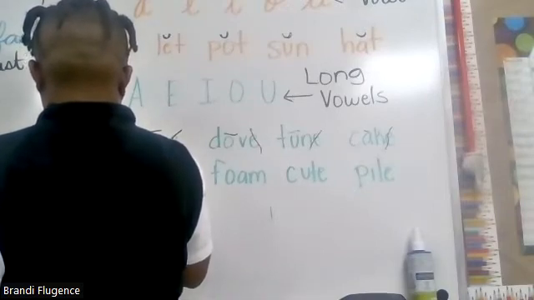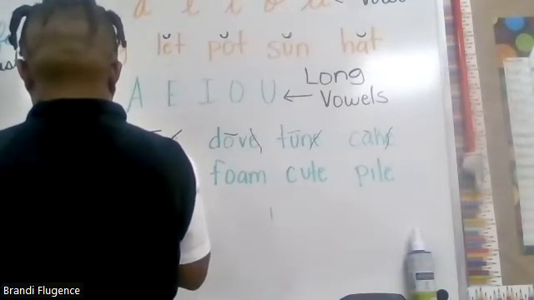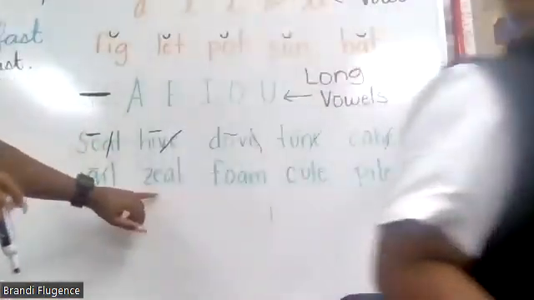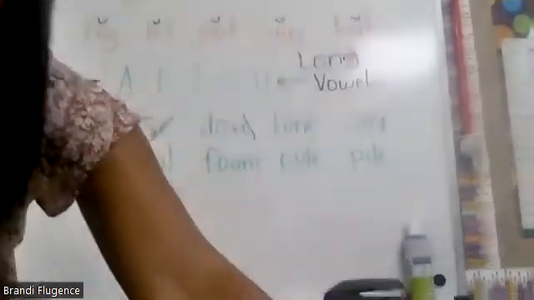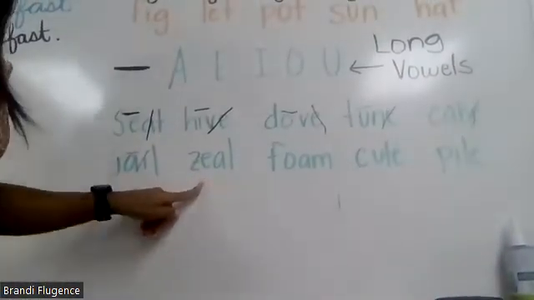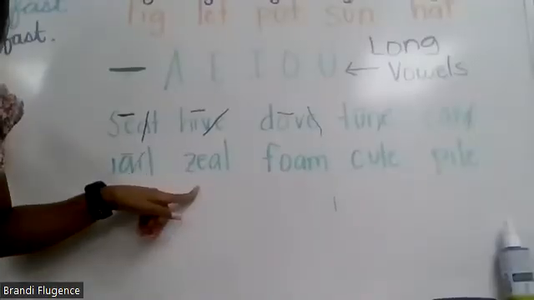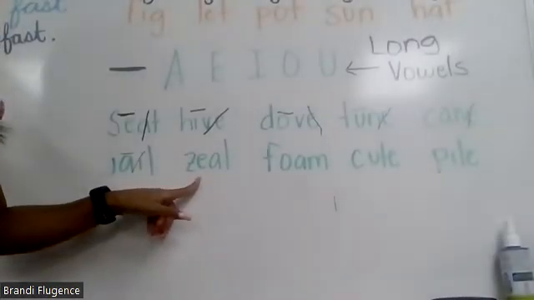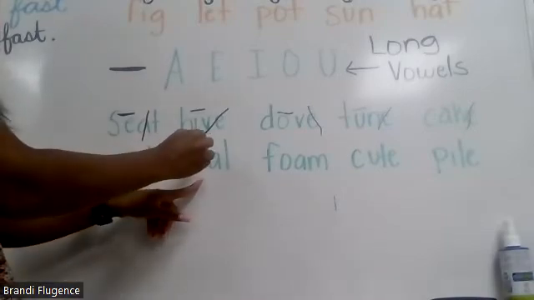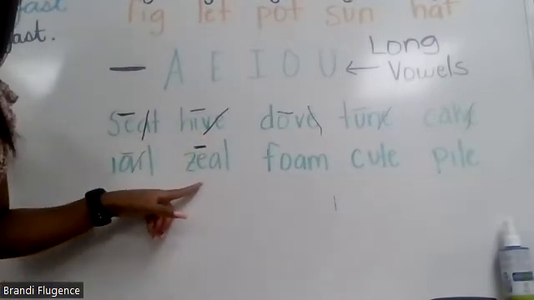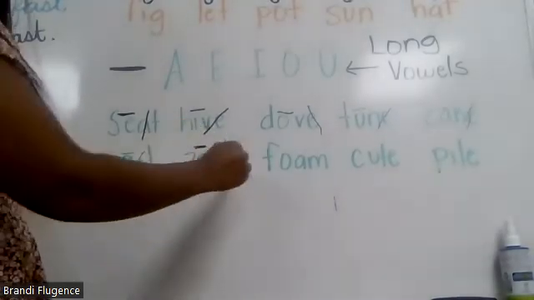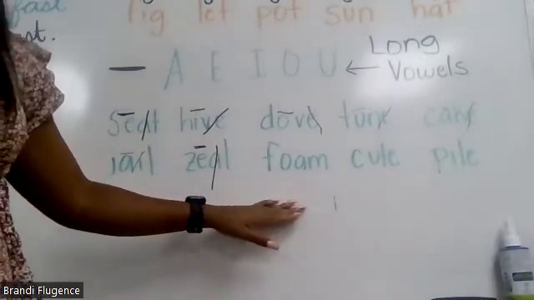The second vowel is silent, so you cross it out because we don't hear it. What's the word? Jail. Okay, next one, how do I mark the vowels? You put a line on top of the E, okay, then cross out A. Seal. Okay, good. Next one.